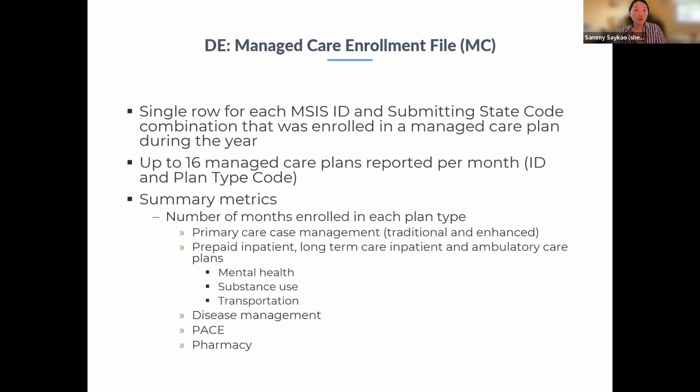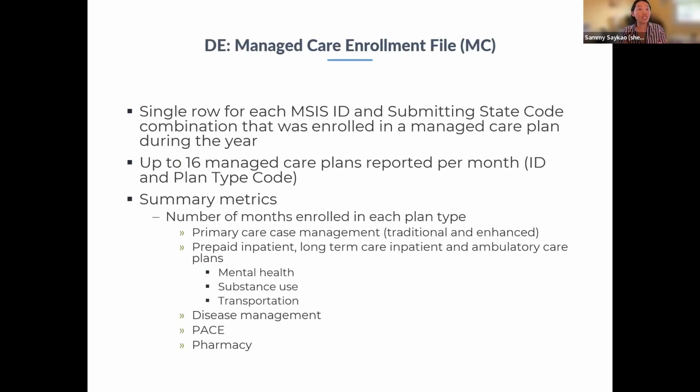For the managed care enrollment file, there is a single row for each MSIS ID and submitting state code combination that was enrolled in a managed care plan during the year. This is the file that contains the detailed information on beneficiaries and their managed care enrollment. There is a lot of space for states to report managed care plans on a monthly basis.